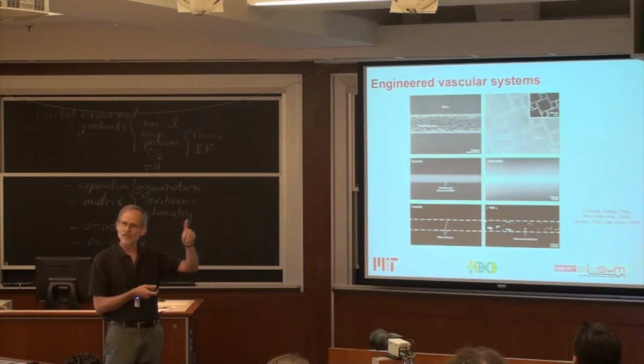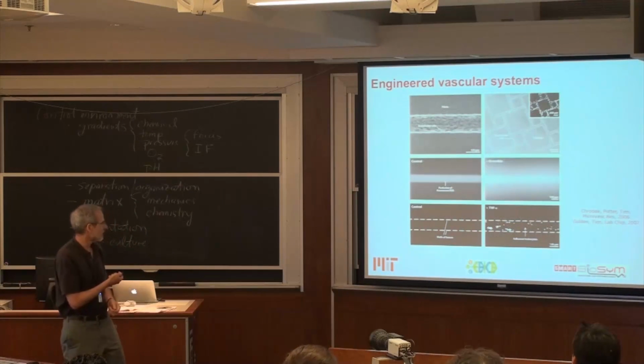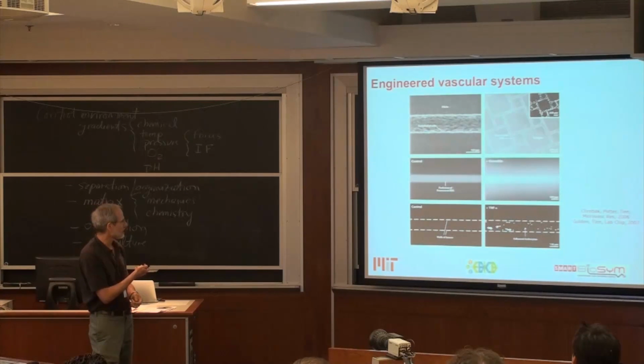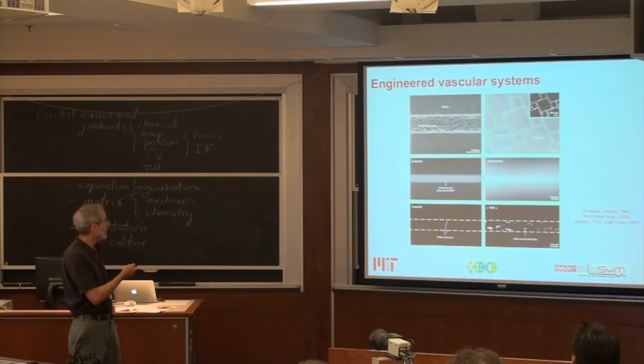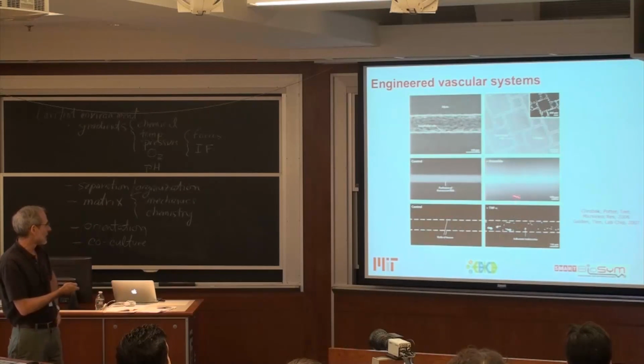And those endothelial cells then form a confluent monolayer around the channel. They tend to be a little bit larger than the vessels that grow naturally. So here's 100 microns, so this vessel probably has a diameter of about 70 microns or so. And you can see it's lined with endothelial cells. This is actually a network that's been formed. I think this was from Stroock's lab at Illinois. But in either case, you can actually form these vessels.